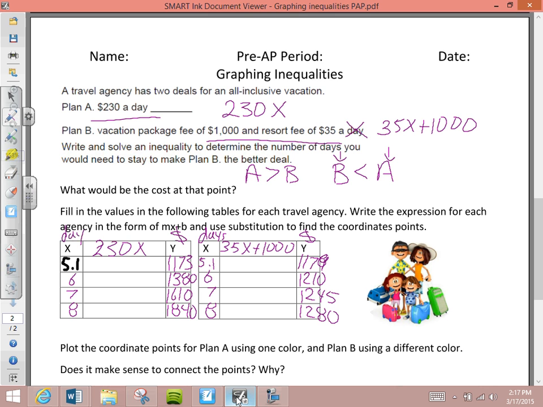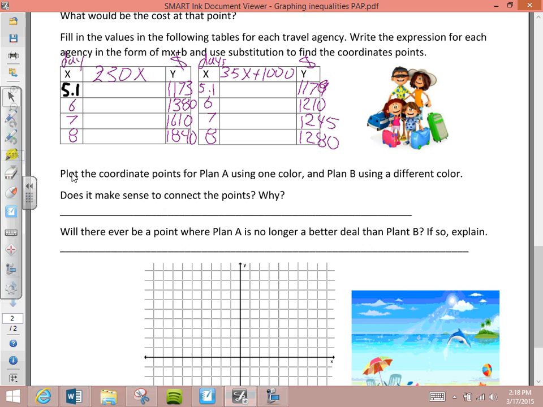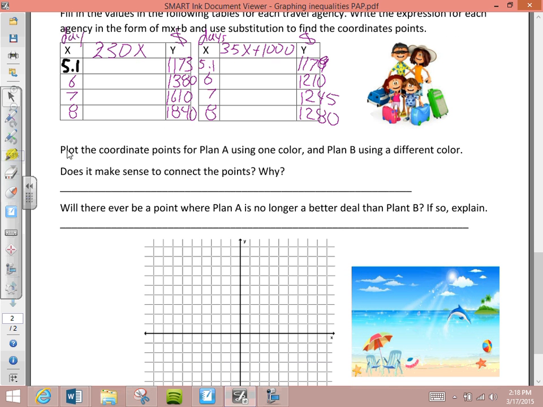Plan A starts increasing very fast. Notice how it goes from 1100 to 1300 to 16 to 18. And the other one stays within the same range, basically. That's the relationship you want to see. Which one is the better deal? As you add more days to your vacation, which one would be a better deal? Obviously, the second one. So let's move on to the next part where we graph it.